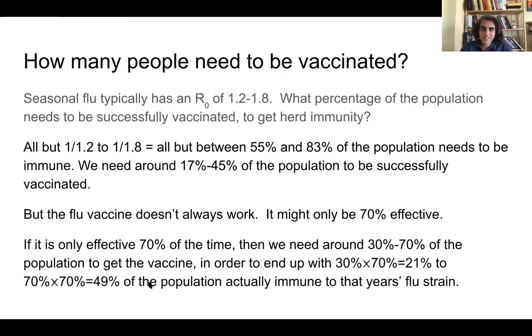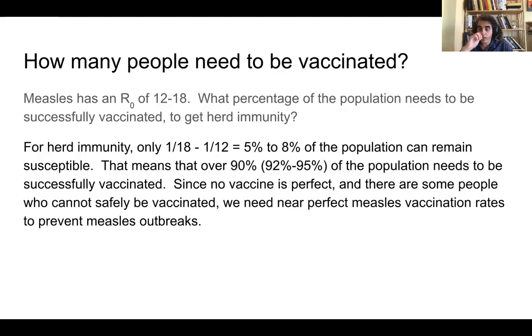So since the vaccine is not perfectly effective, we need somewhere between 30 and maybe 70% of the population to get that vaccine to get herd immunity against the flu. I believe they have typically been targeting about a 60% vaccination rate, realistically speaking, and I think they haven't gotten that for many years. So that's our calculation for the flu.